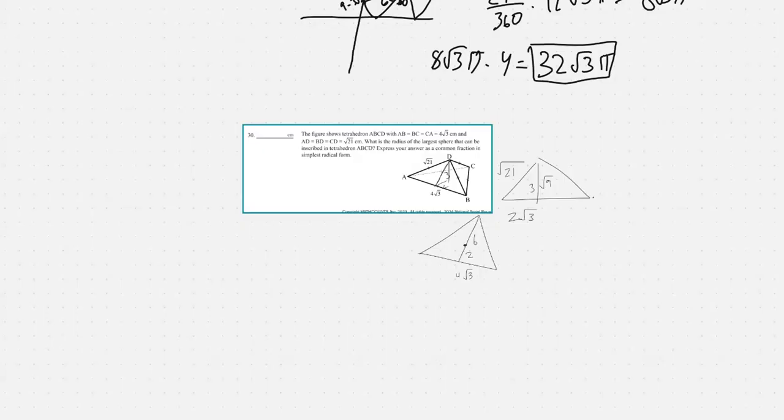And if there was some sphere that fit inside the triangle, to maximize its area, it should be equidistant from all of these sides, BD, CD, and AD. So it would be on this middle point, through the center of gravity. So then you know that the center is somewhere on here.